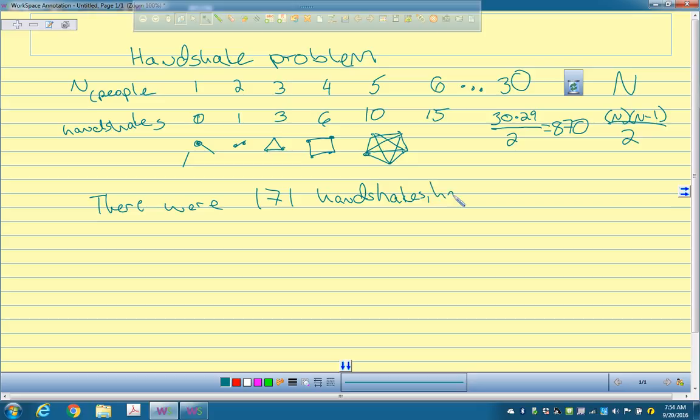How many people in the room? How would I set that up algebraically?